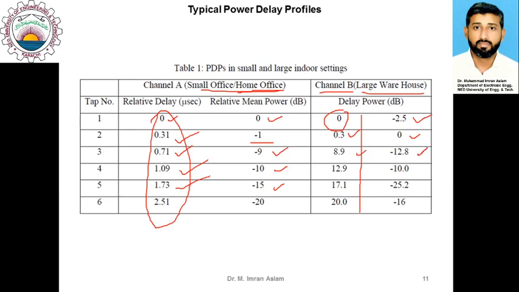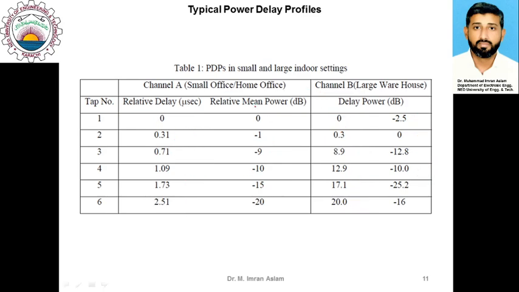The received power is -12.8 for a delay of 12.9 microseconds, actually the received power is -10. 17.1 microsecond delay is associated with the power of -25.2 dB, and so on. So these are the power delay profile measured values in two different types of environment.